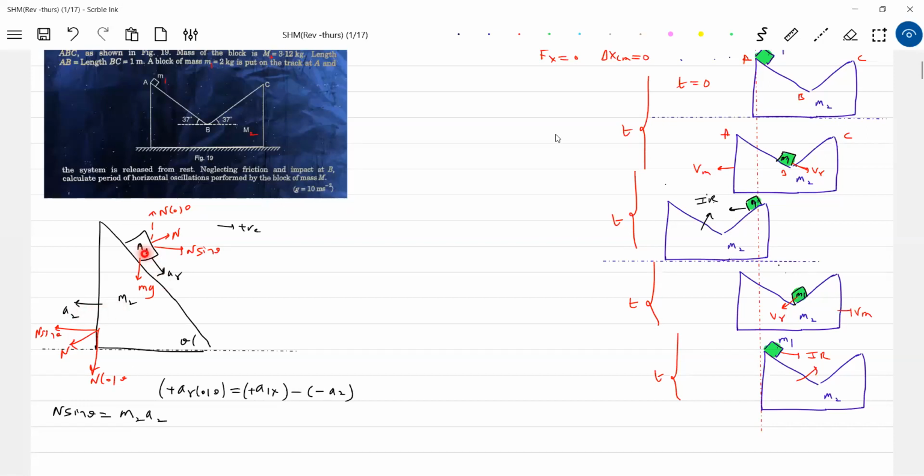What is the acceleration of the block with respect to the wedge? Let me write the terms, it'll be easier. Acceleration.